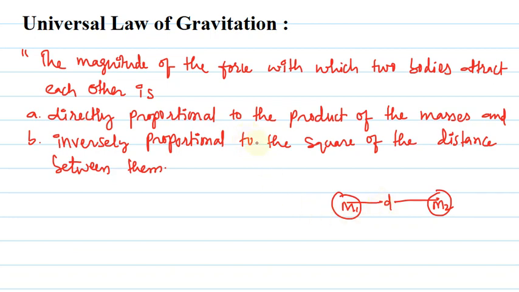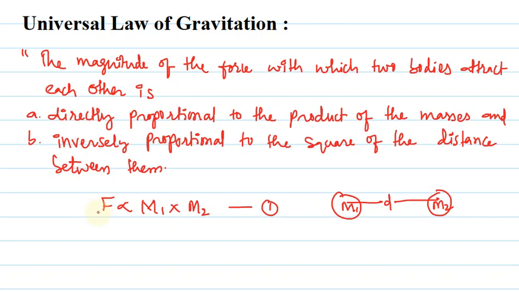So according to the universal law of gravitation, we can write the magnitude of the force of attraction is directly proportional to the product of the masses. Here one mass is m1 and the other mass is m2. Let us consider this as expression 1.